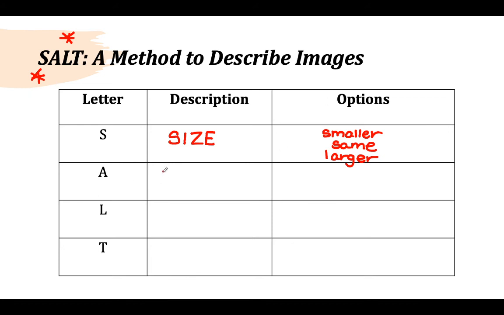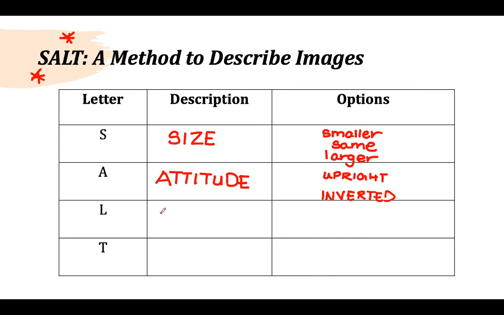The description of it, of A actually, is attitude. My options for attitude are either upright or inverted. So you're just making a comparison of the image to the object to see if it's the right side up or if it is upside down, inverted.